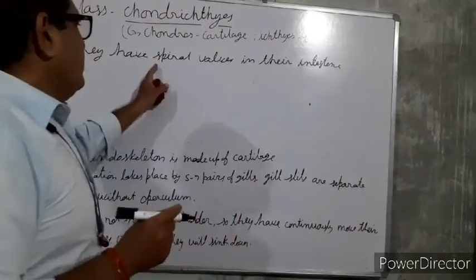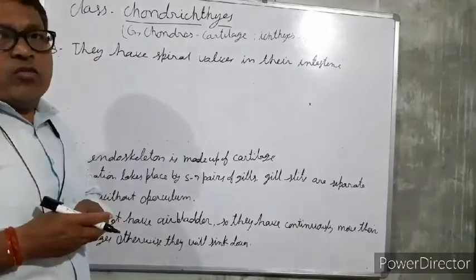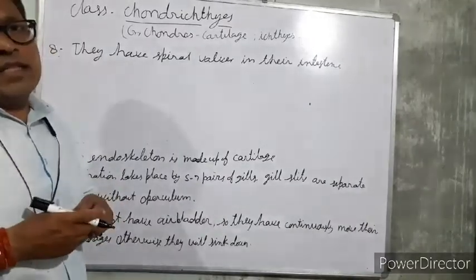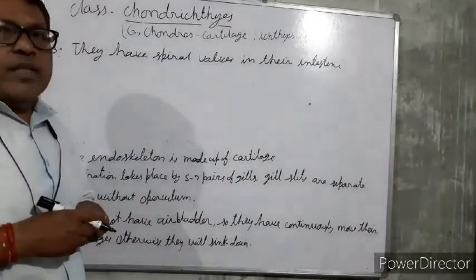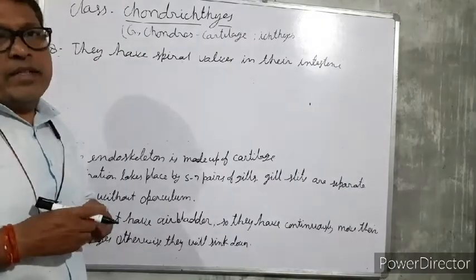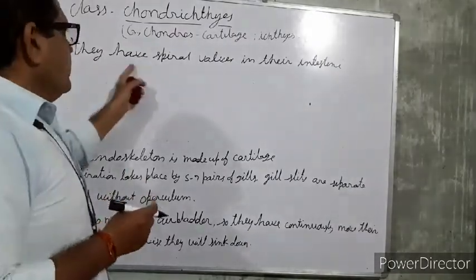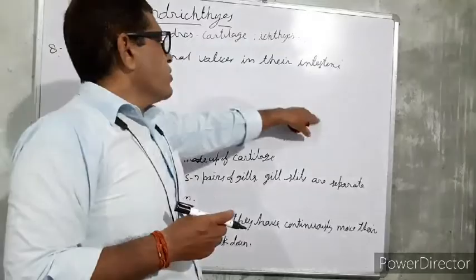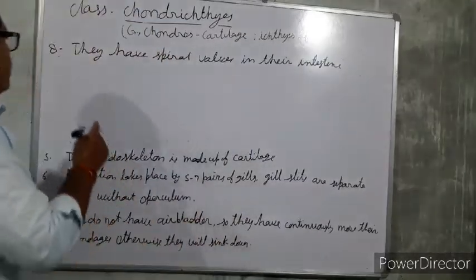The spiral valve increases the area of absorption and digestion. So the intestine contains the spiral valve.